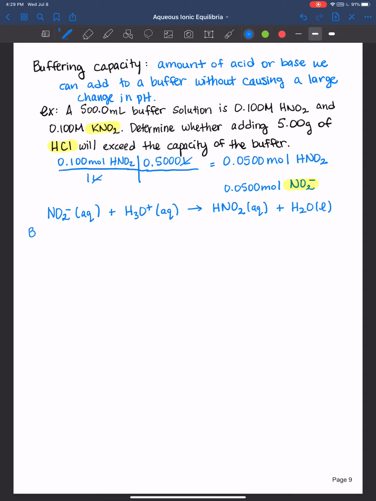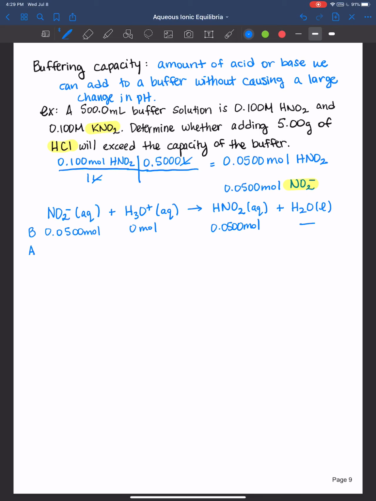All right, so before addition, we have calculated that we have 0.0500 moles of nitrite and also 0.0500 moles of the nitrous acid. The hydronium ion in solution is negligible, so we'll just write 0 before addition. Now, the first letter in our BCA table stands for addition. What are we adding to our beaker?